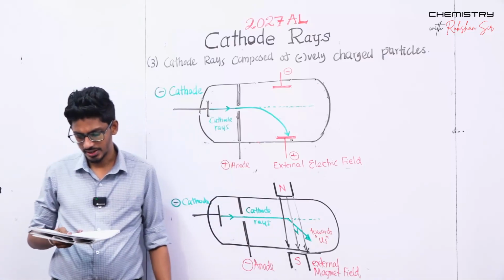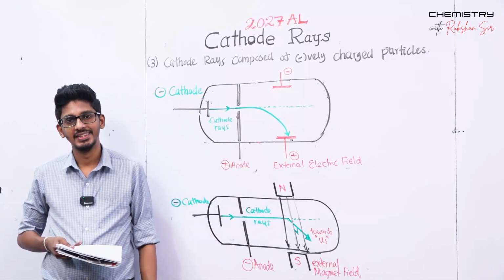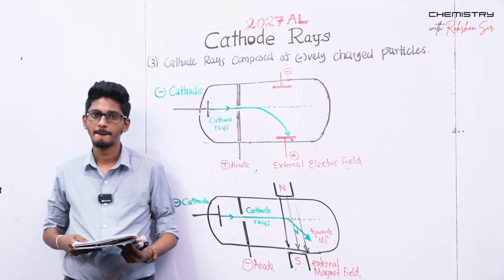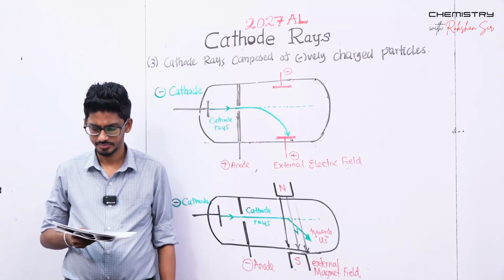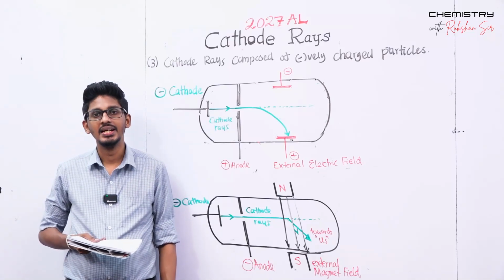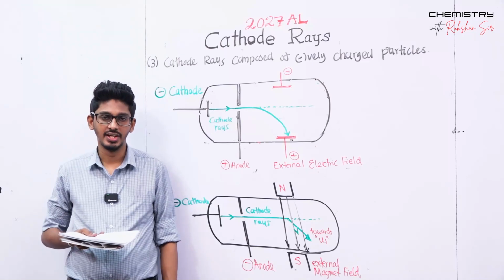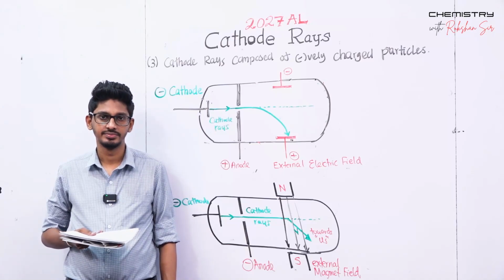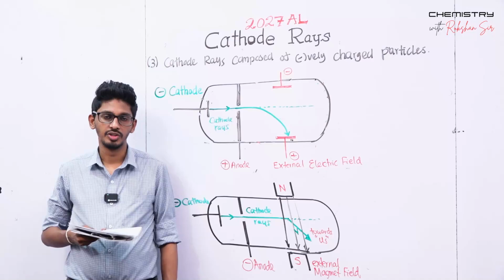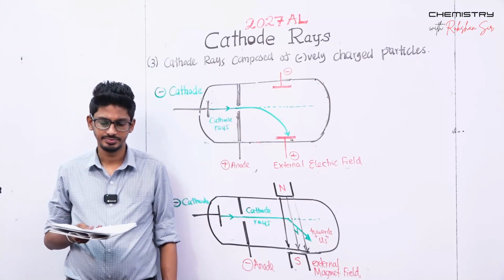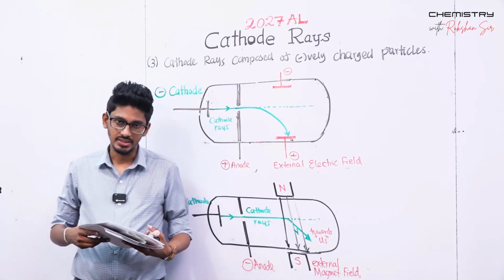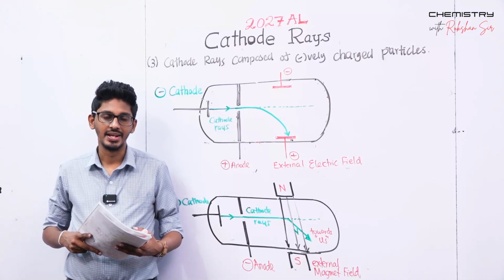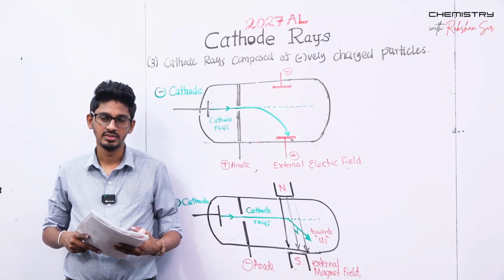Next point, just write. Therefore, cathode rays can be considered as a beam of negatively charged particles. Write it in red color.